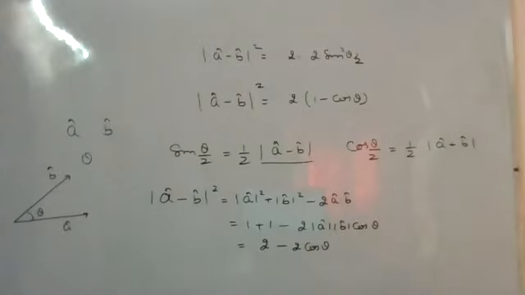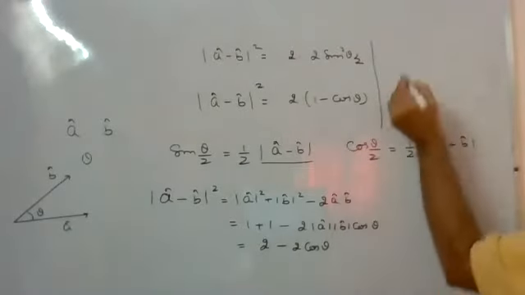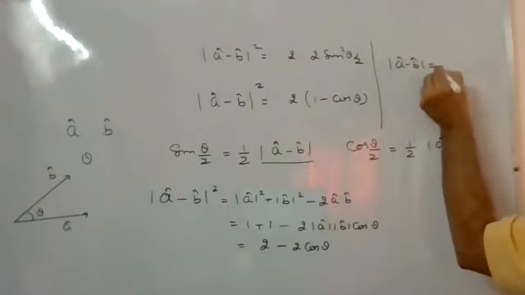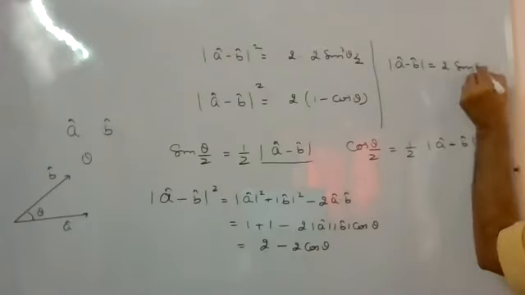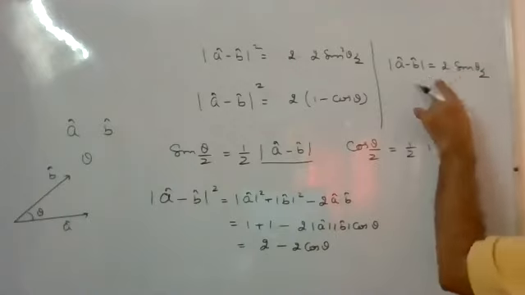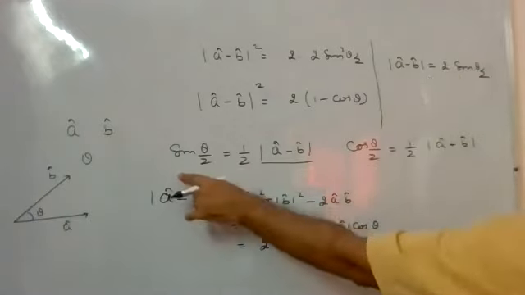After this, we take under root on both sides. So A cap minus B cap magnitude is equal to 2 sine theta by 2, and this 2 will now come down here, so half of magnitude A cap minus B cap is sine theta by 2.